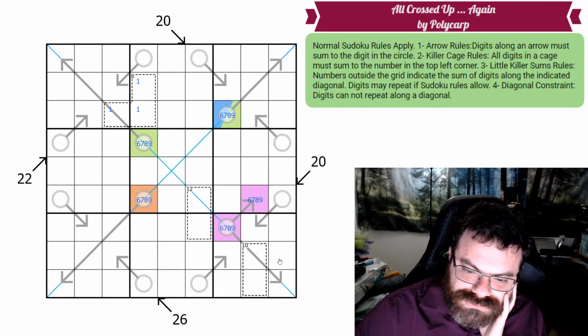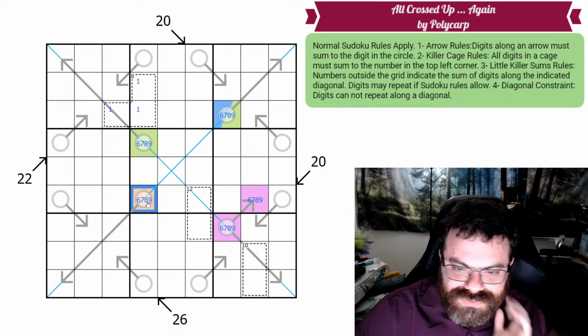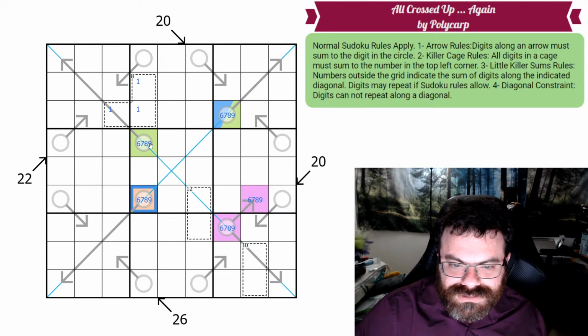Okay, well, no, I don't think I can make any kind of assumption there. If this were 9, where does 9 go on this diagonal? Can't be here, can't be here. Yeah, so this one still can't be 9.